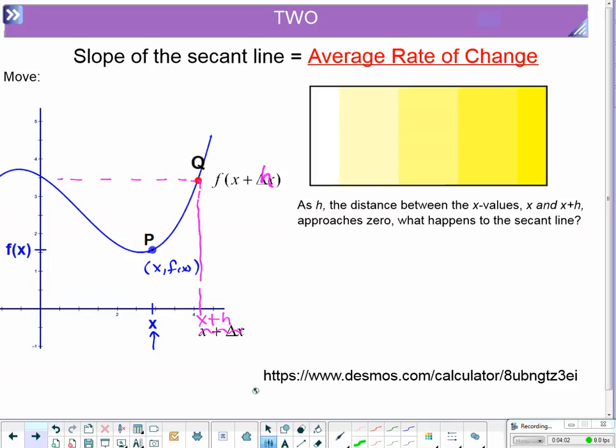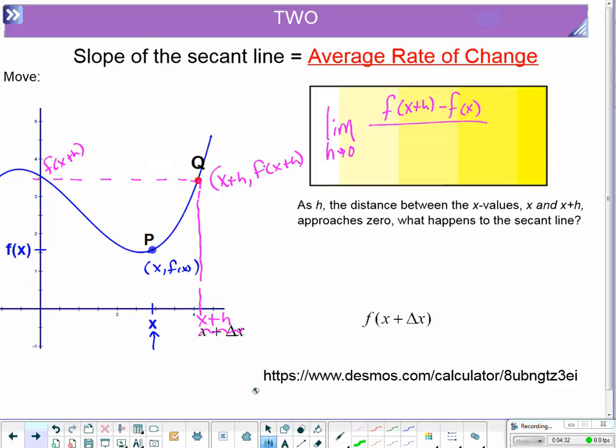It too has an output, and that output would be a height of f of x plus h, giving us an ordered pair here of x plus h and f of x plus h. And if I let this value of h go really small, I would come up with this difference quotient that we were just talking about on the previous page.